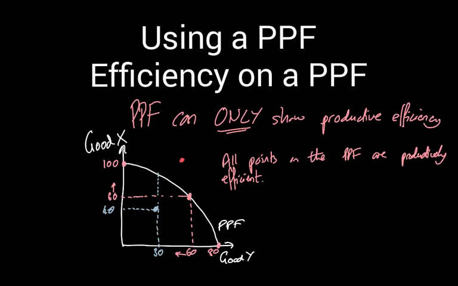If we were producing 30 units of good Y, we could maybe produce about 90 units of good X. Or alternatively, we could use some more of our spare resources to produce more of good Y. So it's possible from this point to produce more of either good, or indeed both, without additional resources. That means we can't be using all of our resources efficiently, and therefore we are productively inefficient.